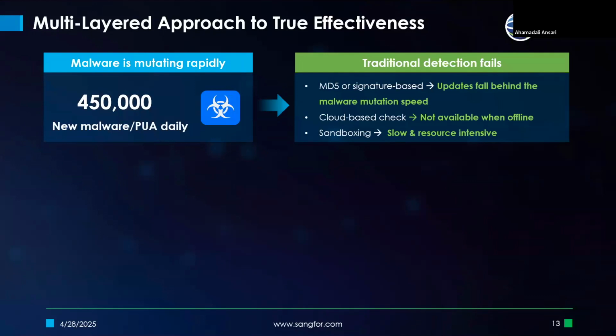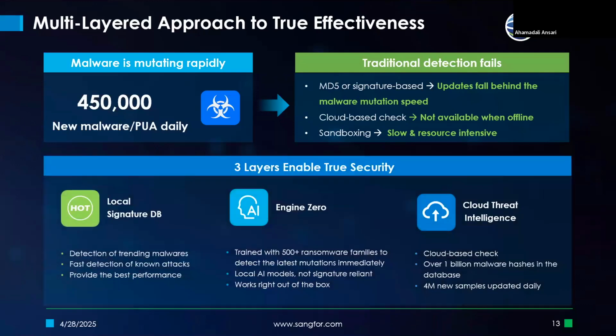You have seen this with most firewalls: when you enable cloud sandboxing and a full-fledged security component, the performance of the firewall degrades. That's where you need something that does not just rely on signature sets, but also has Engine Zero and Cloud Threat Intel to complete your three-layer true security and block most threats and attacks. This is the multi-layered approach we provide from Sangfor Network Secure.